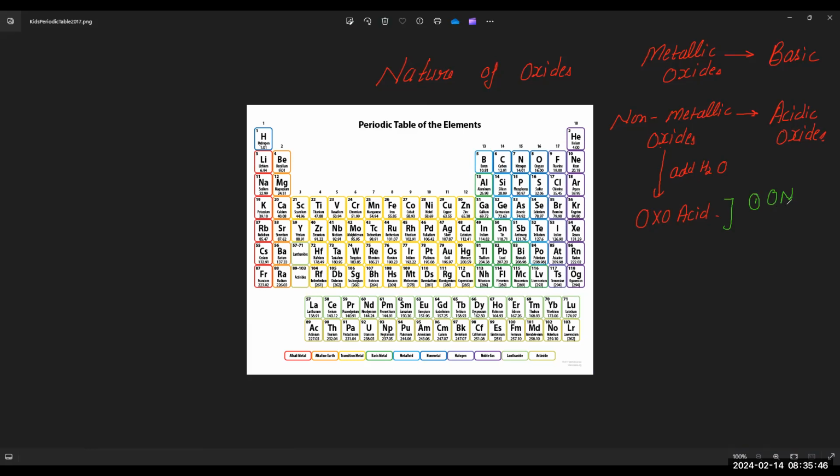You remember ON, oxidation number, and the electronegativity. A higher oxidation number and more electronegativity, meaning more non-metallic, sorry, these two will make them a stronger acid. Stronger acid.